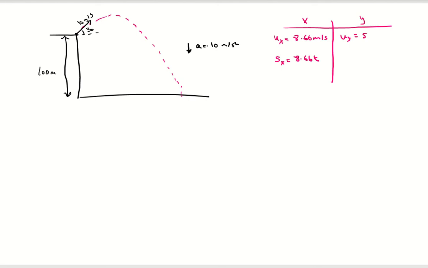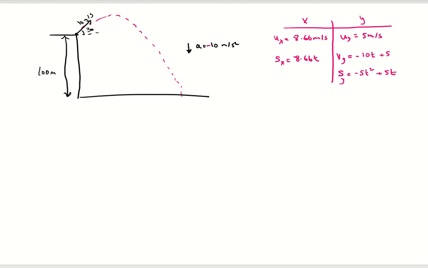So it's 5 meters per second. This is the Uy. Vy is a t plus Uy, which is minus 10t plus 5. So I'm taking a as minus 10 because it's downward. And Sy is half a t squared plus Uy t, so minus 5t squared plus 5t.